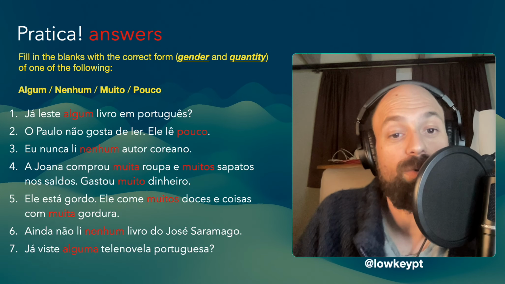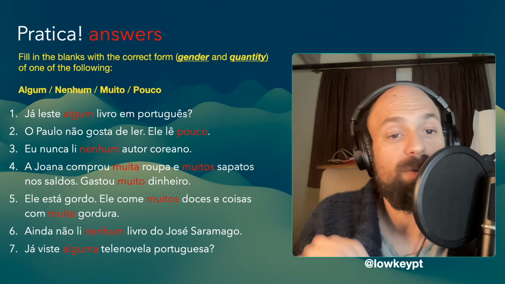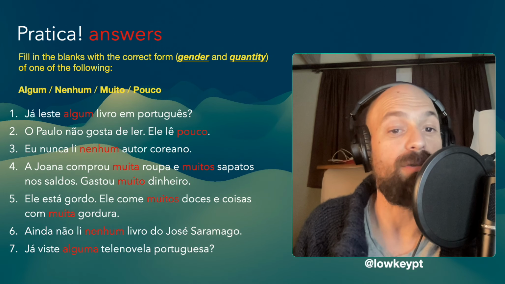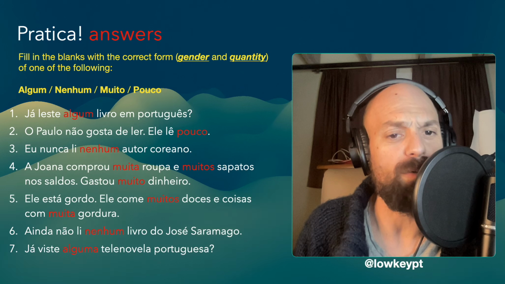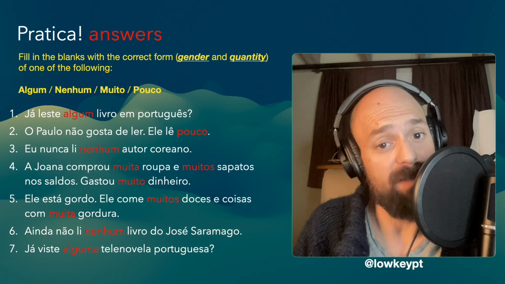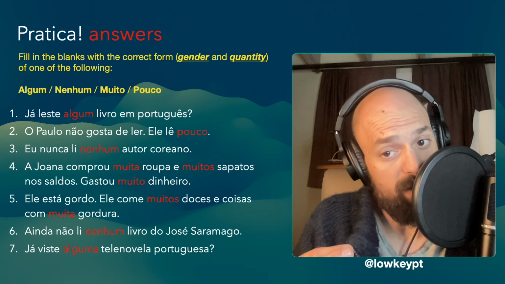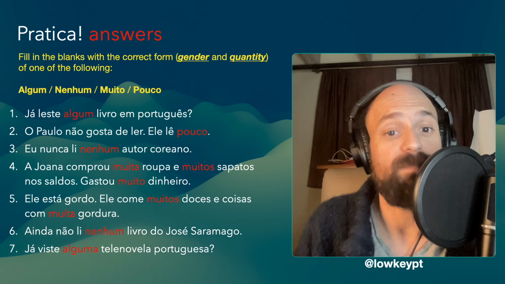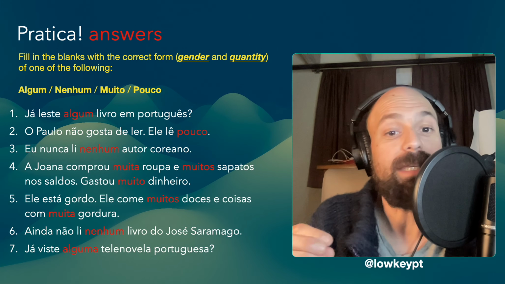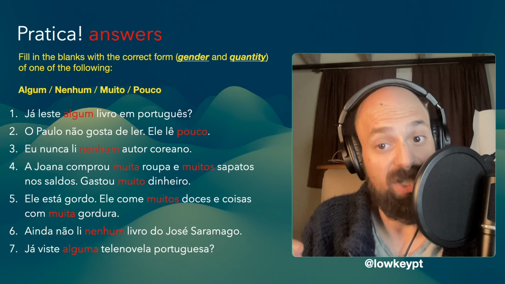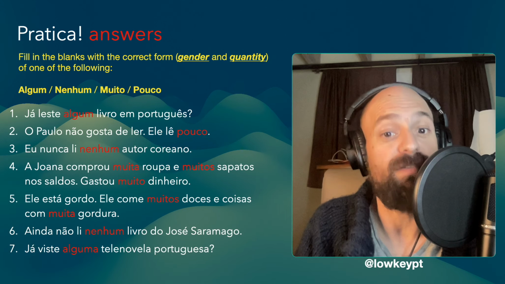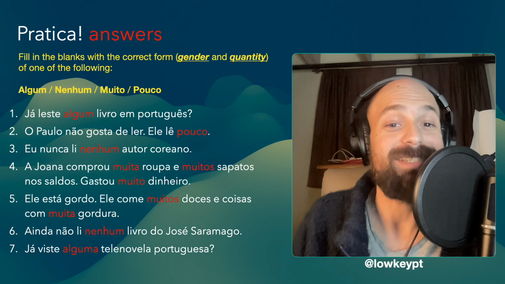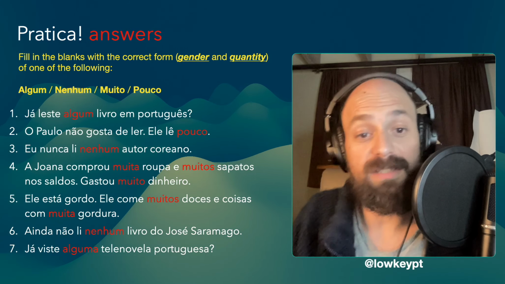So nenhum autor coreano. Número 4, a Joana comprou muita roupa e muitos sapatos nos saldos. Gastou muito dinheiro. So roupa, clothing, is a feminine term. So we use the feminine version of this quantifier, muita roupa, e muitos, the masculine plural form of this quantifier with the masculine plural form of the word for shoes, sapatos, so muitos sapatos.